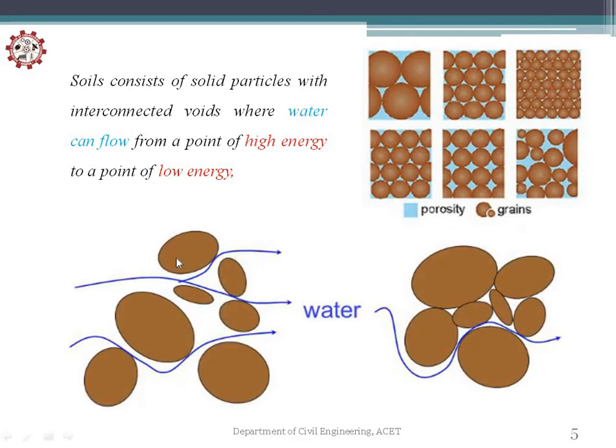So when there are many voids, the flow of water is good through this soil, but if your grains are connected to each other, then the flow of water will take place only where the voids are present.